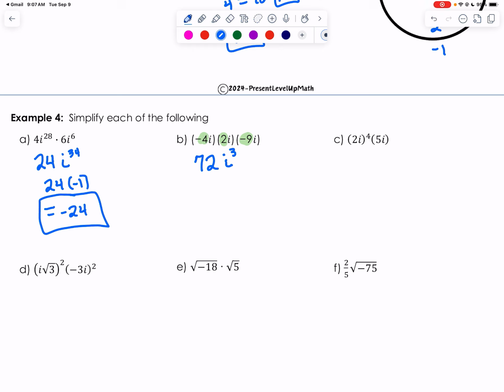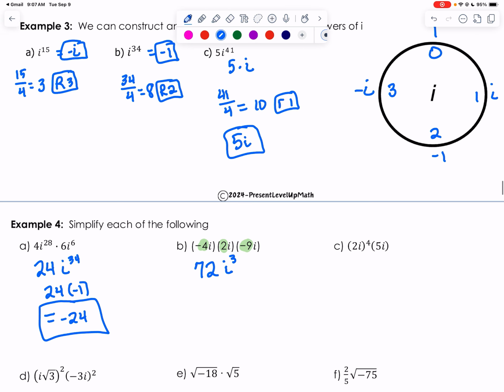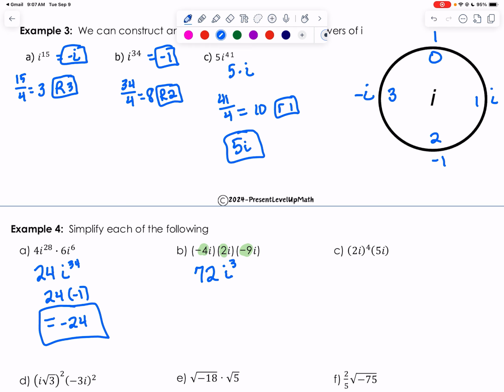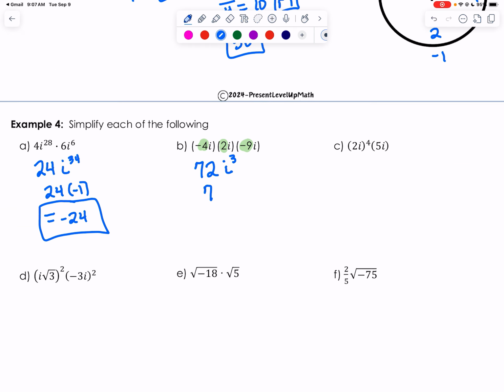Now, again, normally this is where we would stop, but I can simplify i to the third power. So I'm going to look back at my clock. When our exponent is 3, that's negative i. So this is 72 times negative i, which would be negative 72i.